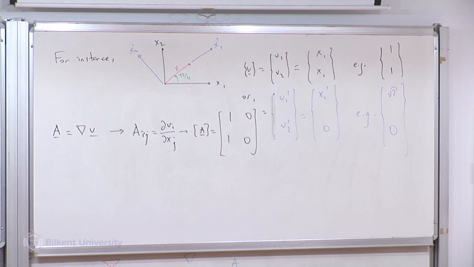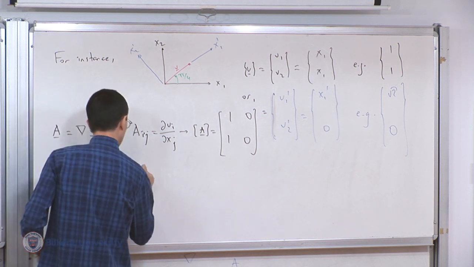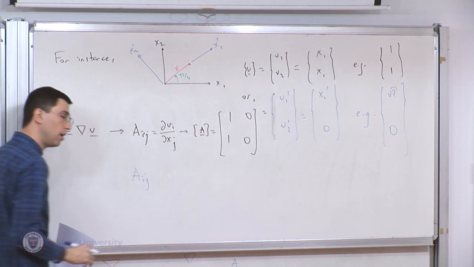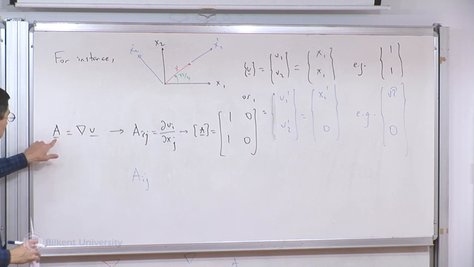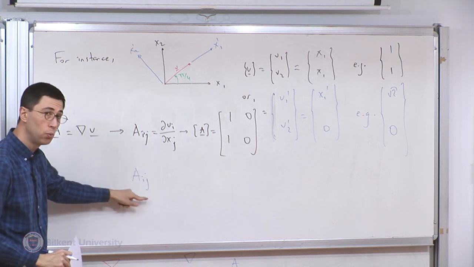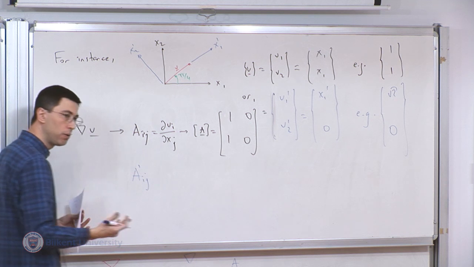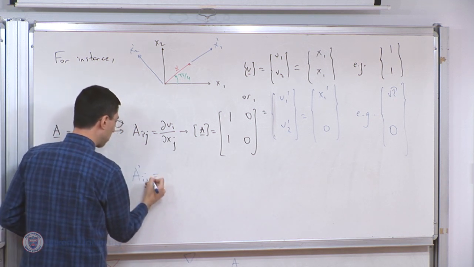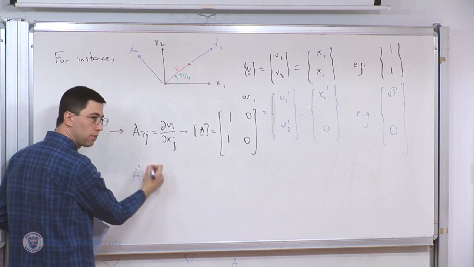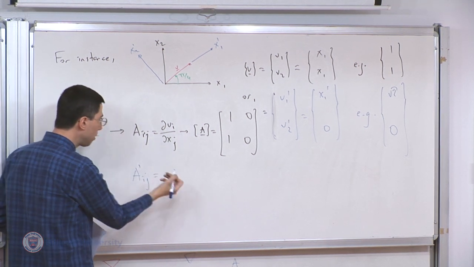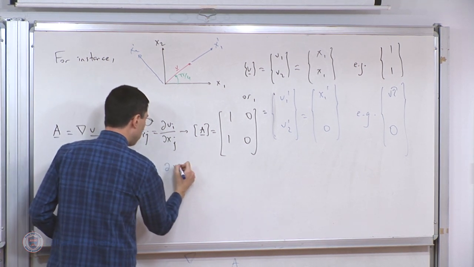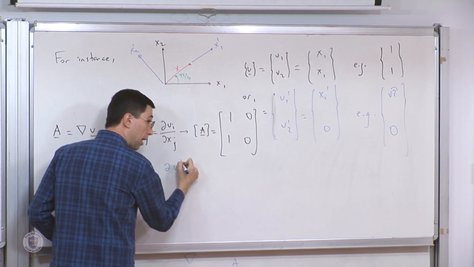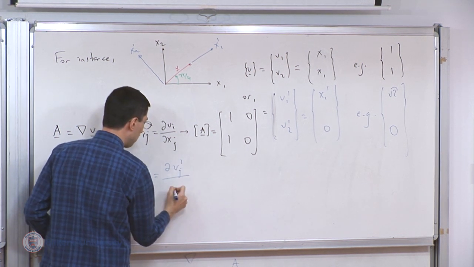Or I can use the primed coordinate system. In the primed coordinate system, it's the same physical entity A, but the components will look different. So I put a prime to indicate that. So a_ij prime, in other words, the appearance of the physical quantity A in the primed system, is the derivative of v_i prime with respect to x_j prime, because I'm in the primed axis.